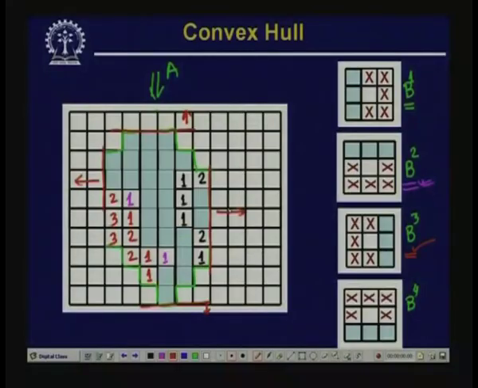Now, today let us talk about another morphological operation, another morphological algorithm, and we call it thinning.